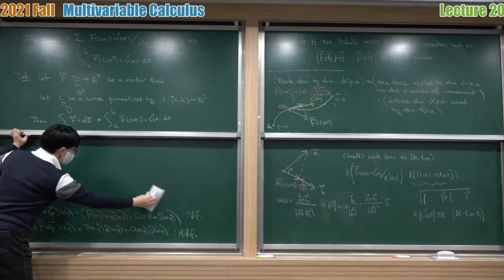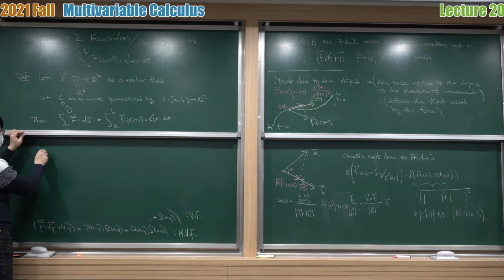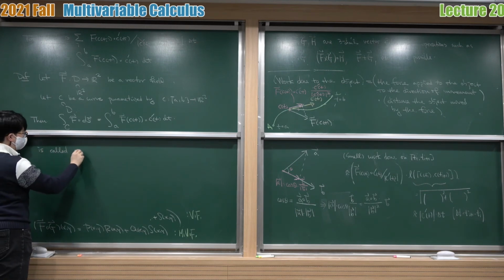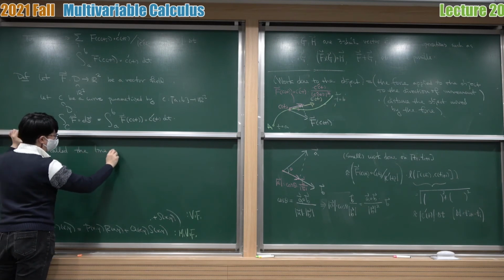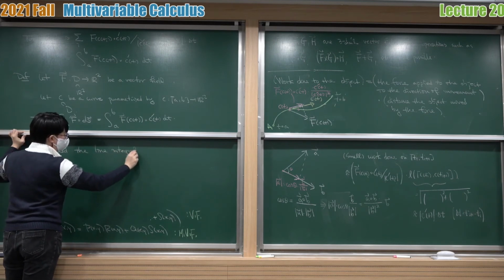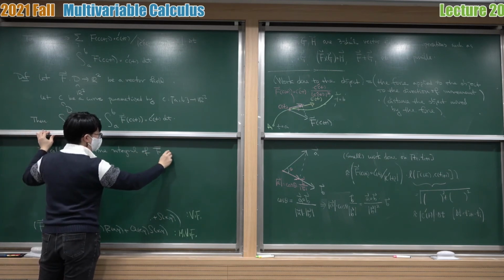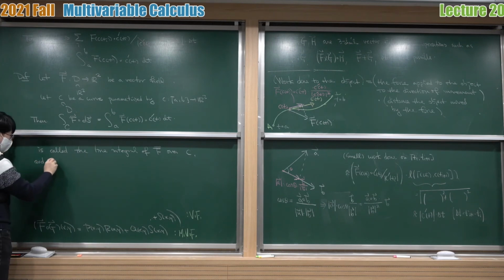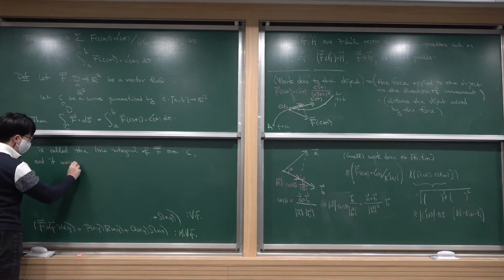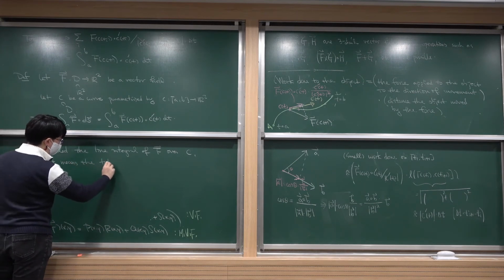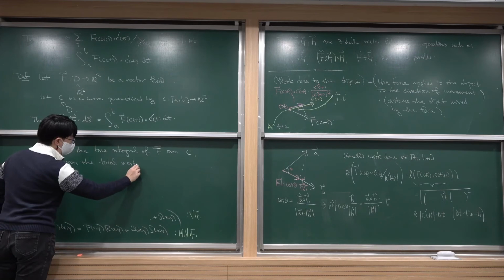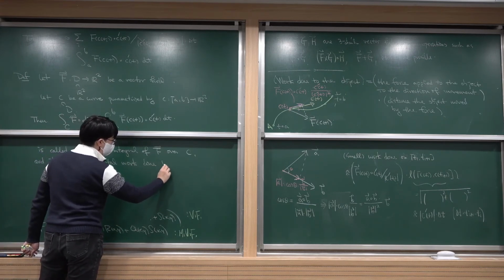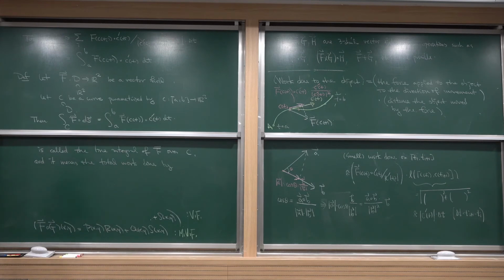And what does it measure? What does it mean? It's called the line integral of F over C, and it's the total work done. It's tricky to say who is doing the work.